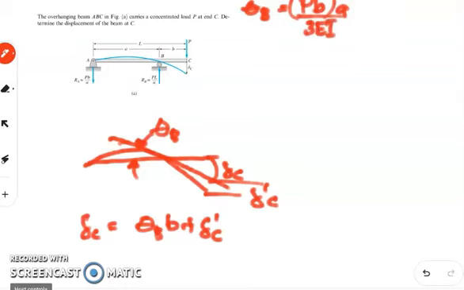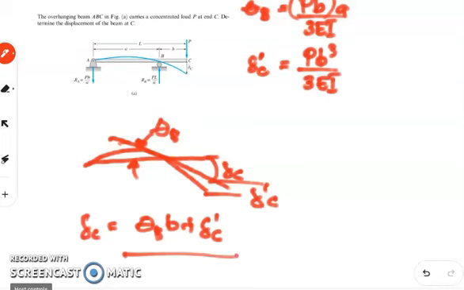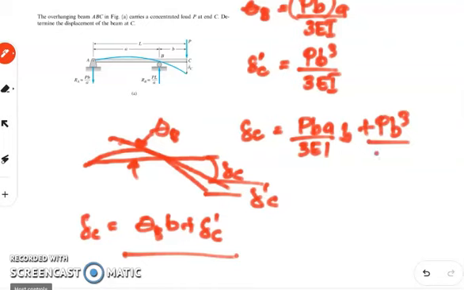And our delta C prime, from table 6.2, is equal to P B cubed all over 3 EI. Substituting into this equation, we have delta sub C equals PBA all over 3 EI times B, plus PB cubed all over 3 EI.